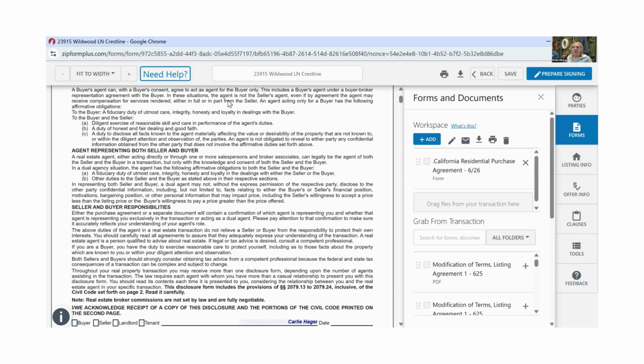Read it carefully. I would always recommend that you tell your clients to please read the forms. I know it's tedious, but you need to be the good example that they need to follow.